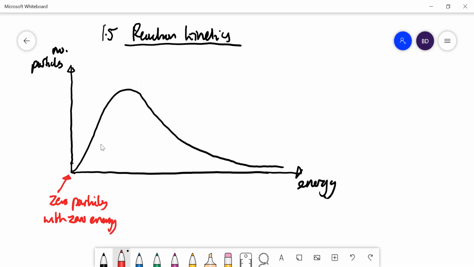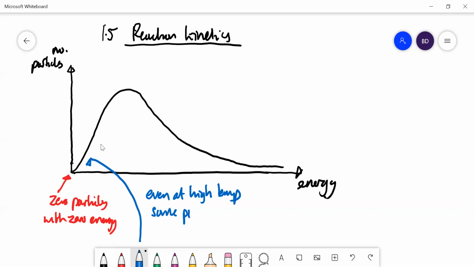And another thing to mention is, even at a high temperature, there's always a few particles with very low energy. Why is that?